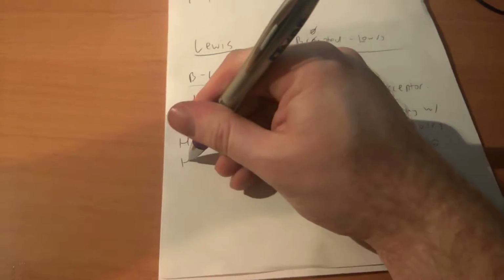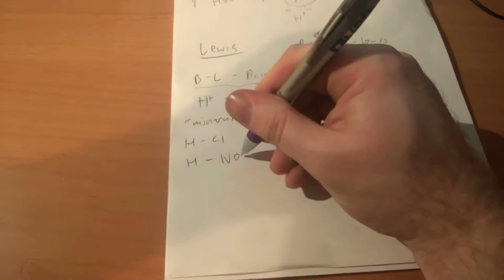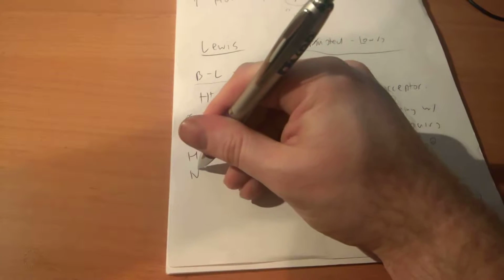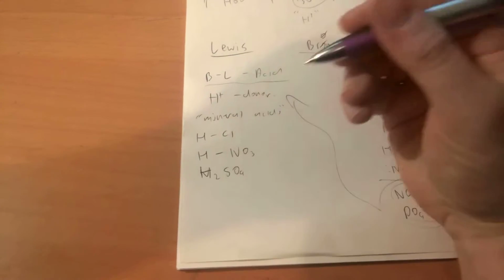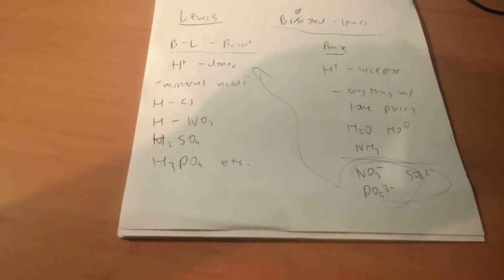So for instance, HCl, HNO3, if I can actually write properly, H2SO4, H3PO4, etc. Those are the traditional acids.